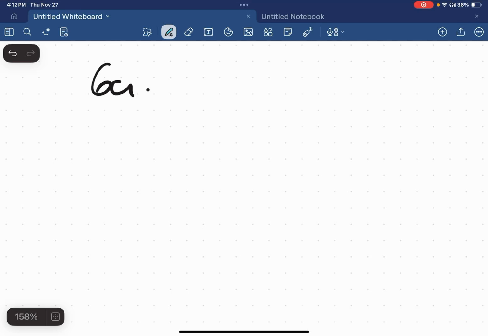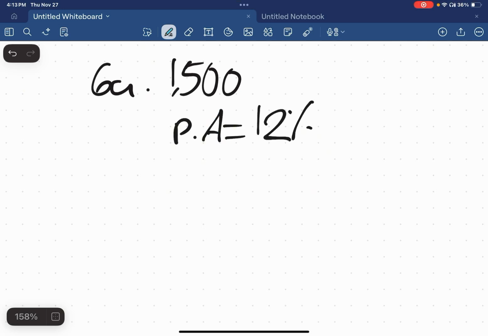Jeez, I hate this unit. Okay. Remember that our original loan is going to be $1,500. So let's write that down. There's an annual interest rate of 12%, which is a monthly rate of 0.01, which is 1% per month.